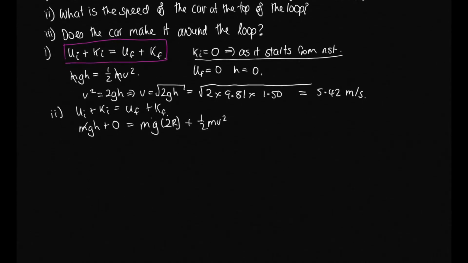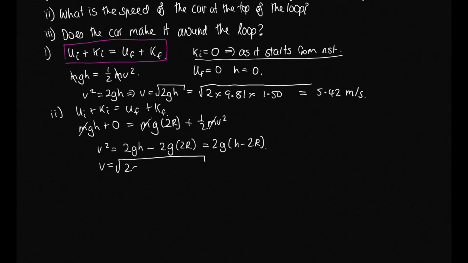Okay, so the m's will all cancel out, and what we're trying to get is this speed. So we can say v squared is equal to 2gh minus 2g times 2r. So this is equal to 2g(h minus 2r). And so v is equal to the square root of 2g(h minus 2r).